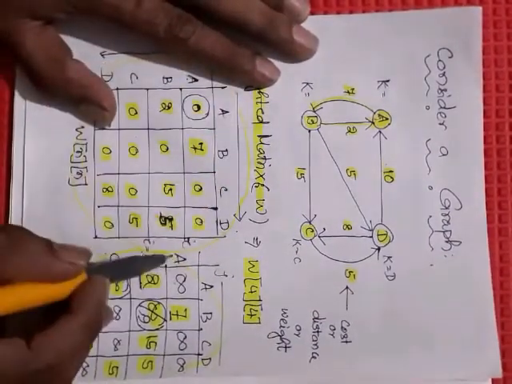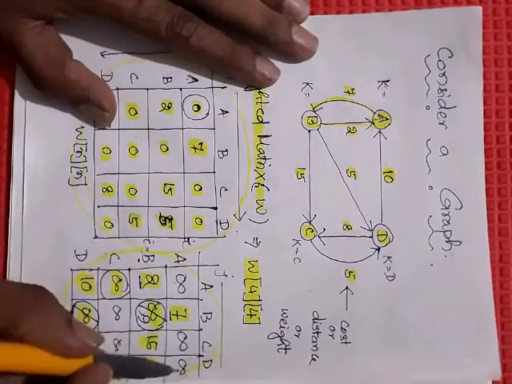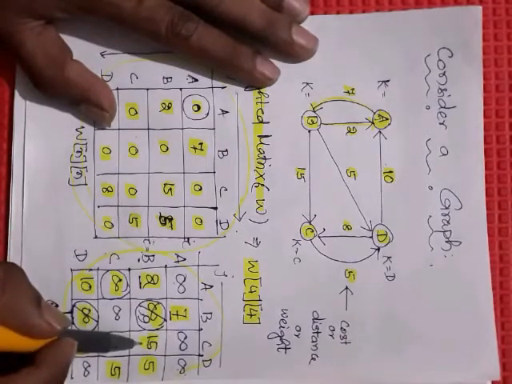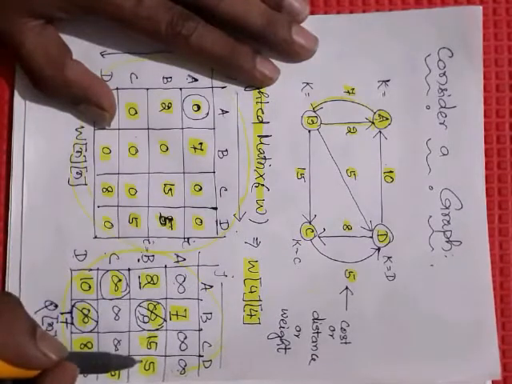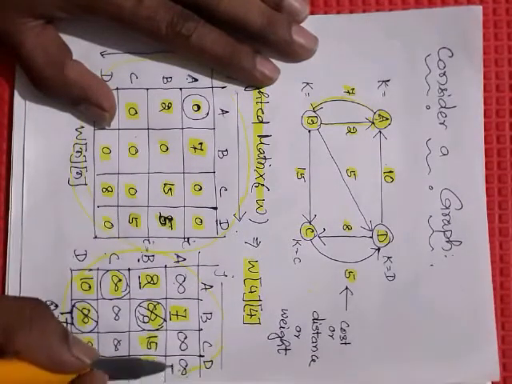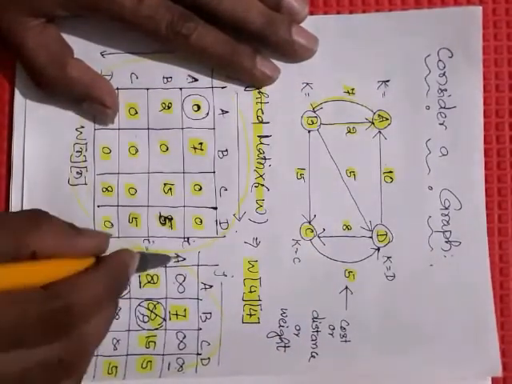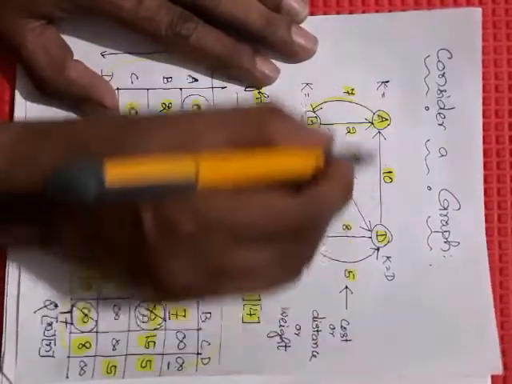If you observe, a to a using b, a to b using b, a to c using b, a to d using b. Now b to a, b to b, b to c, b to d, infinite. You can see here a to d is not there; d to a is there.